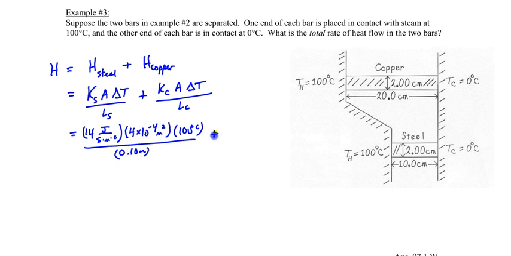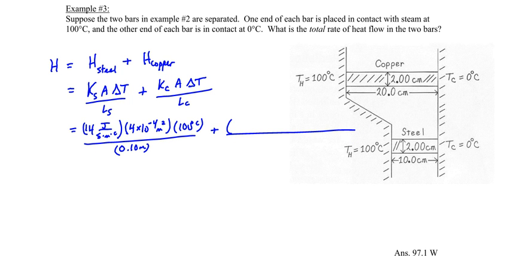Then we have a similar expression for copper, 390 joules per second times meter degrees Celsius, and then 4 to the power negative 4 meters squared. 100 Celsius is the change in temperature once again, and then the distance for copper is 0.2 meters.